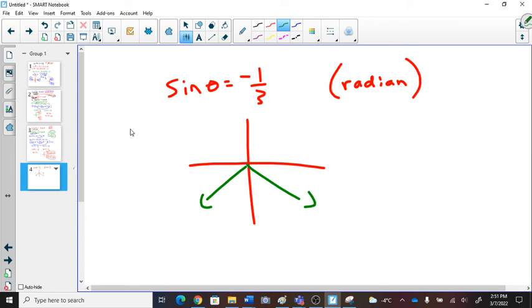Now, since you said this is not on your unit circle, you actually have to go to your calculator, in radian mode. So I wanted you to try radian. Do you remember this kind of idea? 0.3398.